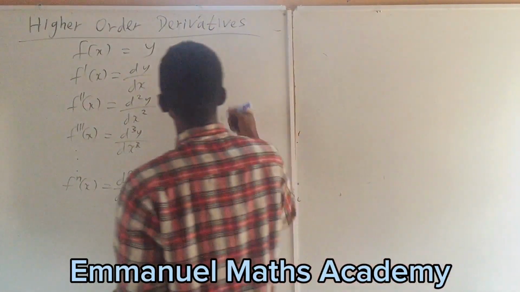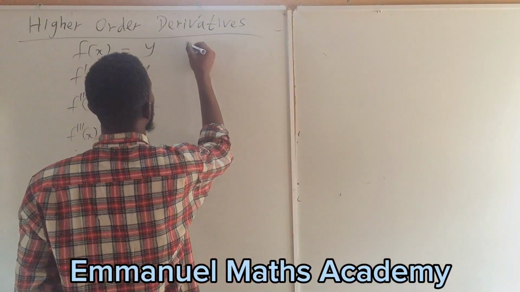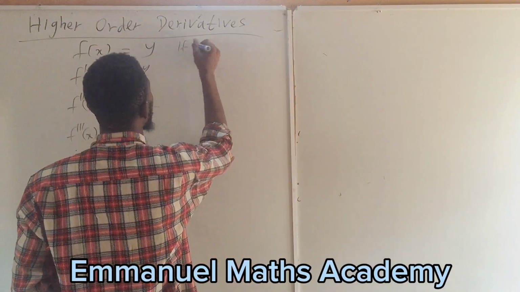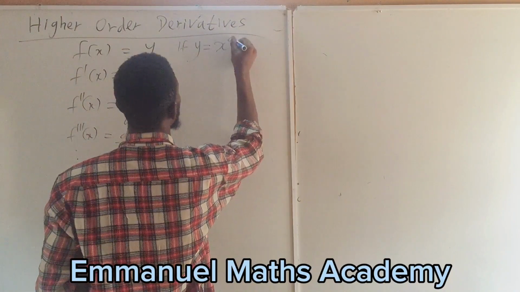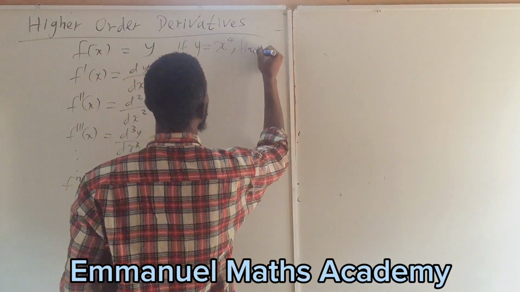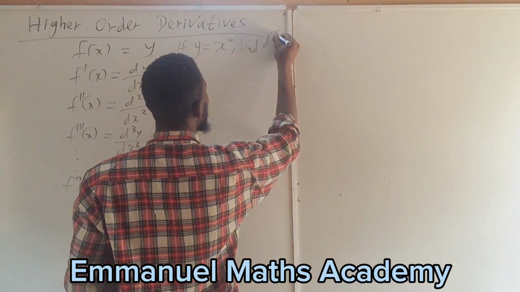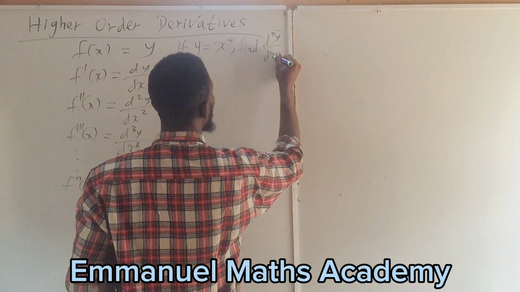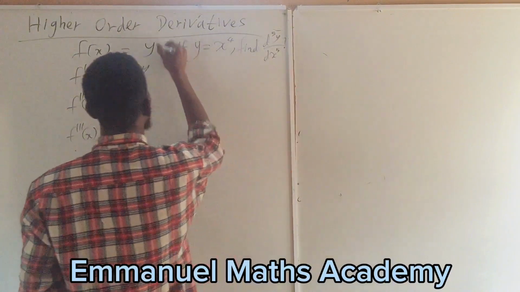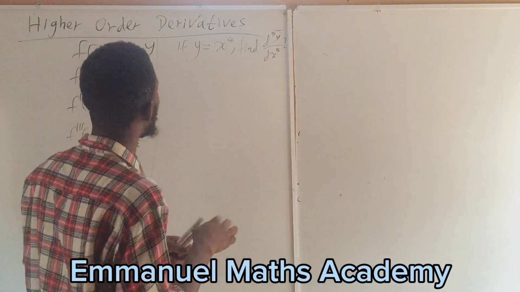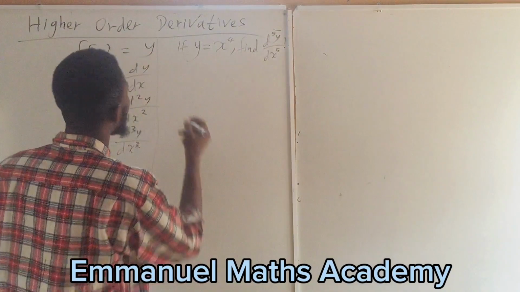Example, if you are given that y equal to x power 4, find the fourth derivative or maybe the fifth derivative, right? Now the fifth derivative here will be what?